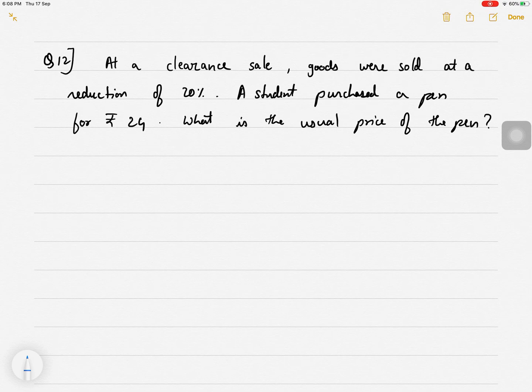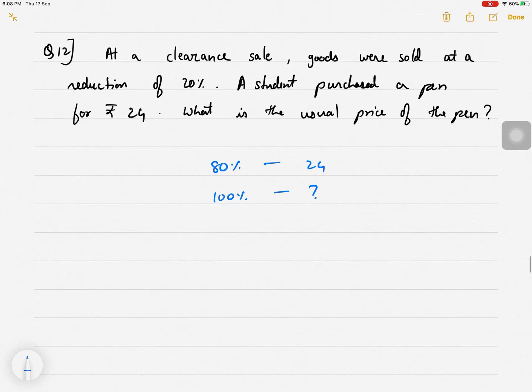That means it was sold at 80%. So if 80% is 24, how much is 100%? Right? So how will you write? The answer would be 100 into 24 divided by 80, right?